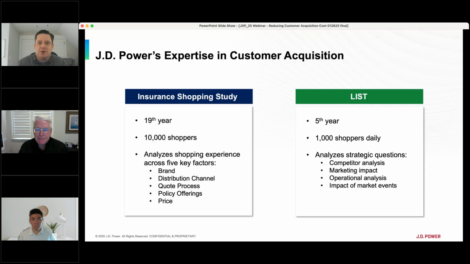Yeah, we spent almost 20 years dialed in on what is driving consumer behavior around shopping for auto insurance. And coincidentally, when most people are shopping for auto insurance, they're shopping for some other product too. They're either shopping for a home policy or a renter's policy, umbrella, or something else. So in this work, we're not just looking at auto insurance shopping, but we start there and say, okay, if you're shopping for auto, what's going on?